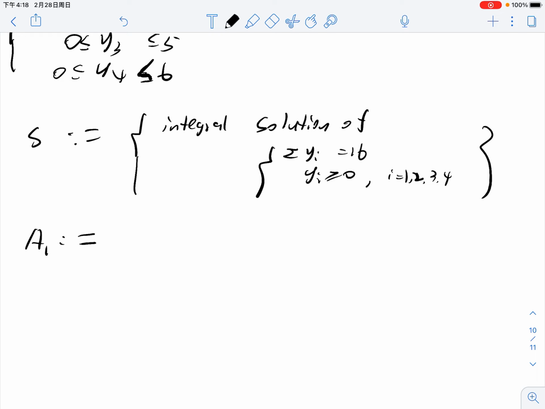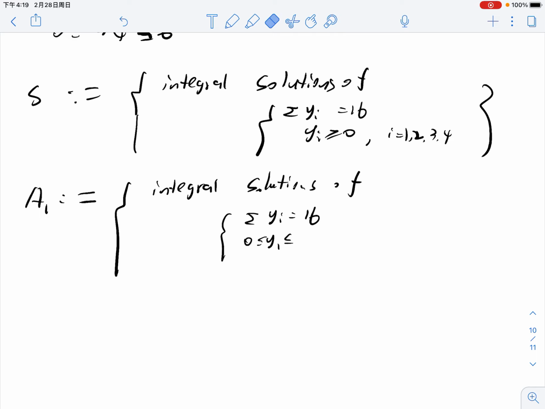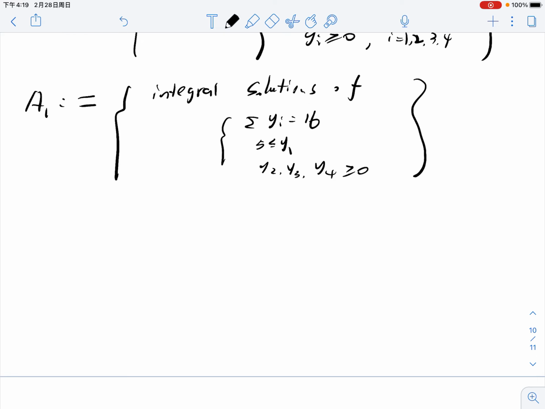Okay, then A1 will be the set of all integral solutions of summation equals 16 and y1 greater than or equal to 5, and the remaining stay the same.